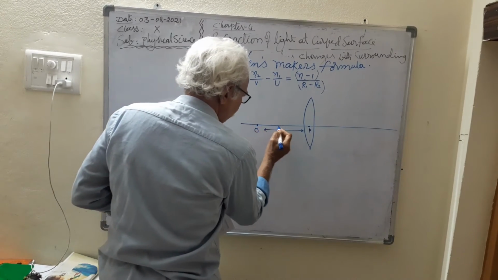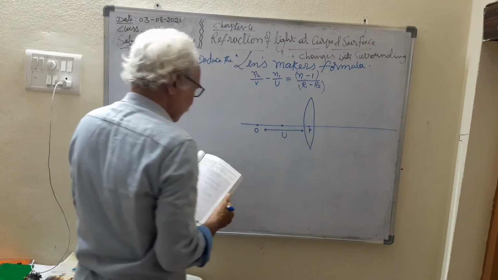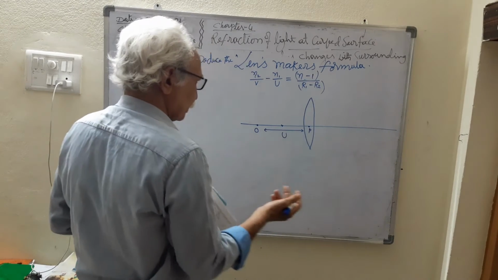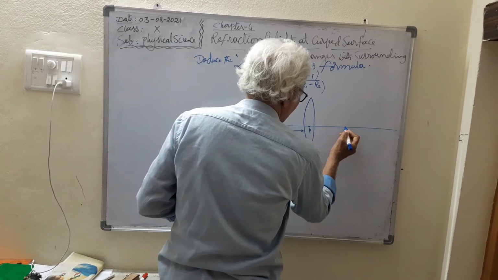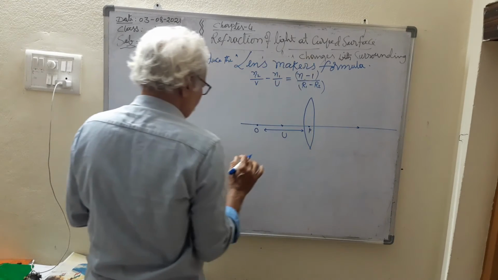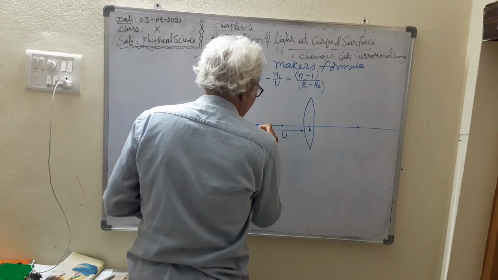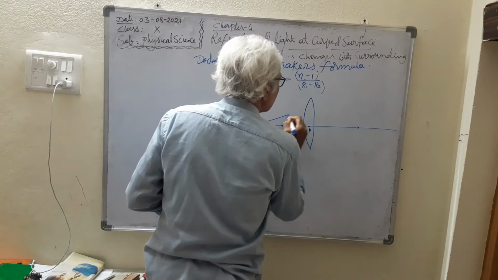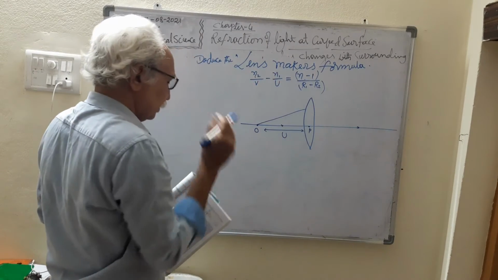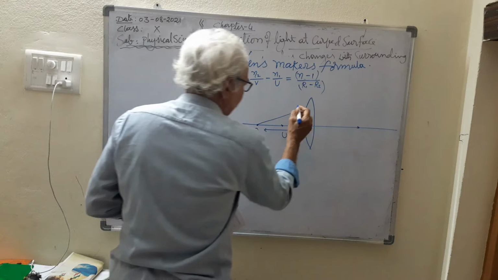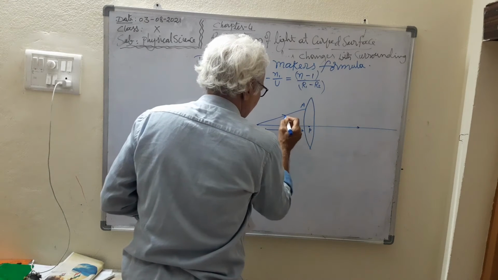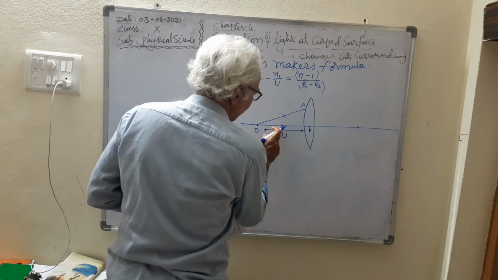From this object, a light ray passing along the principal axis is undeviated and unrefracted. Now a second light ray is incident on the lens at the point A, at some angle to the principal axis.